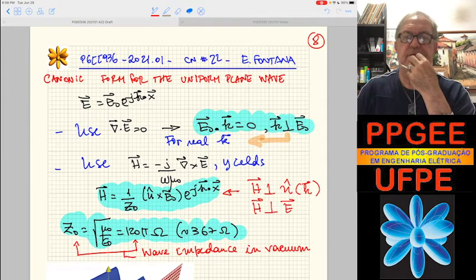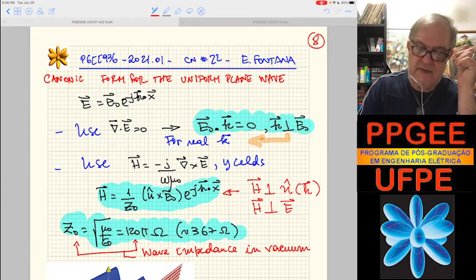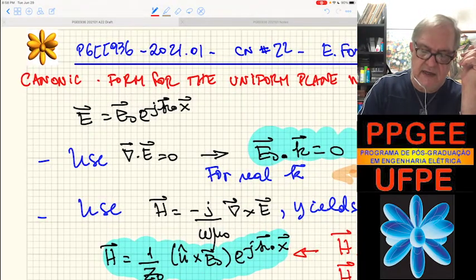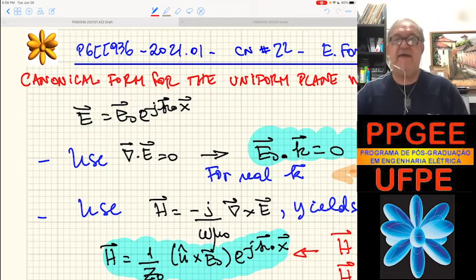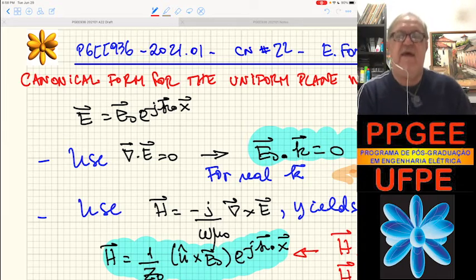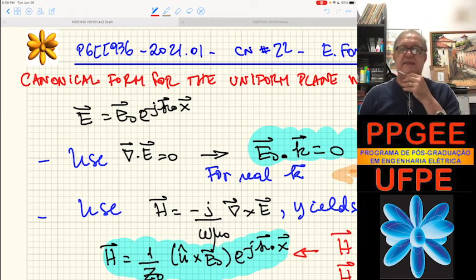Yes, that's right. It's not canonic, but canonical. So let's derive a canonical form of the plane wave. A canonical form has a specific way to represent E and a specific way to represent H, and vice versa, two ways in fact.